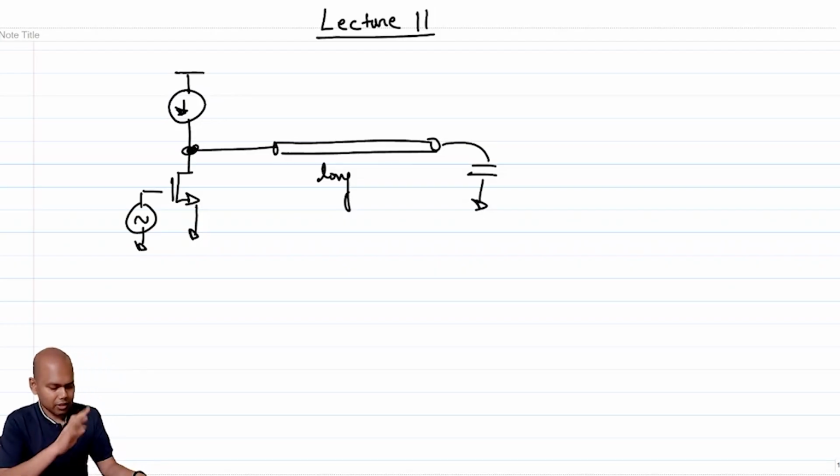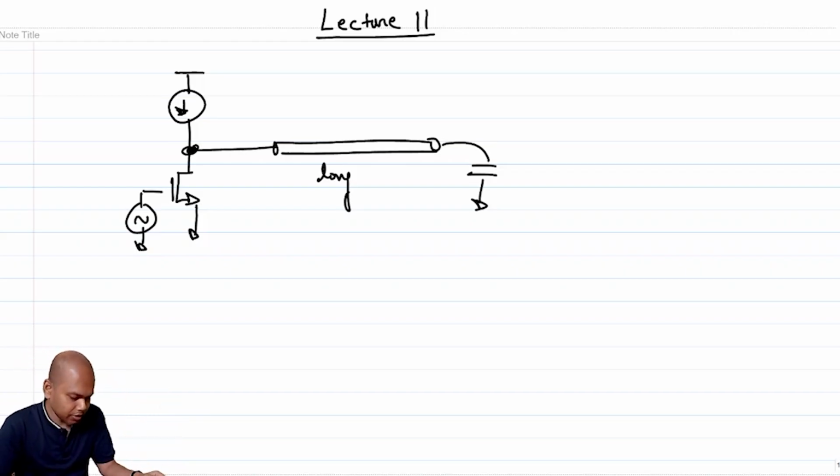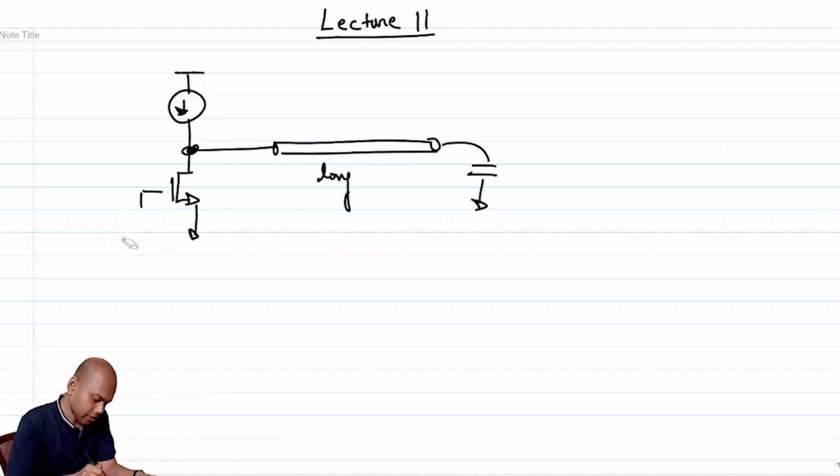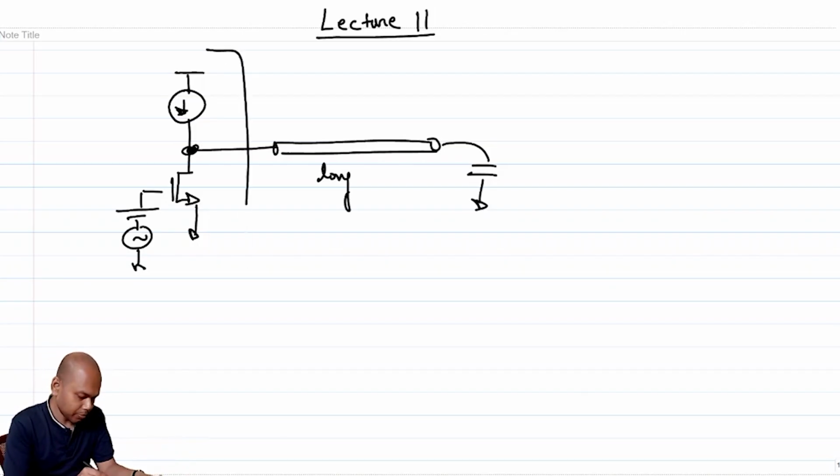We understand that biasing has to be done, and it has been taken care of. So let's assume this is the current source, and I have an incremental input applied, and everything is biased. And let's say this is your chip boundary.